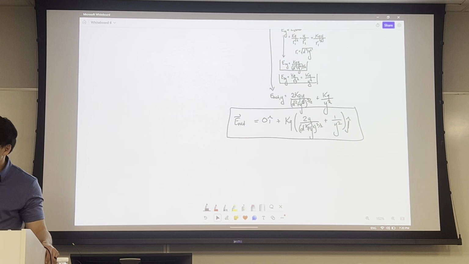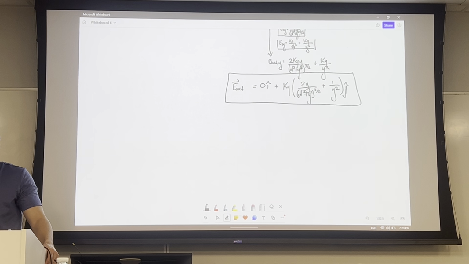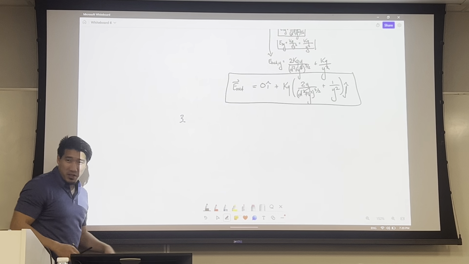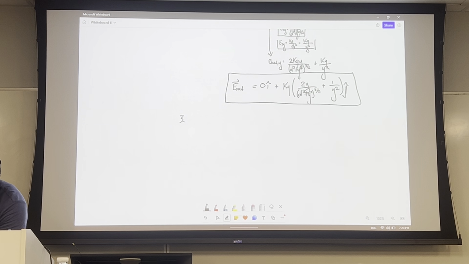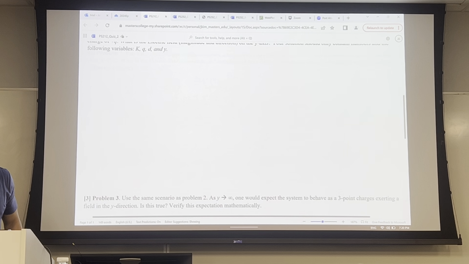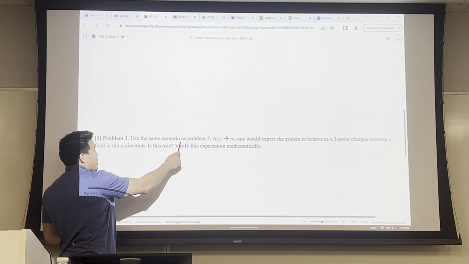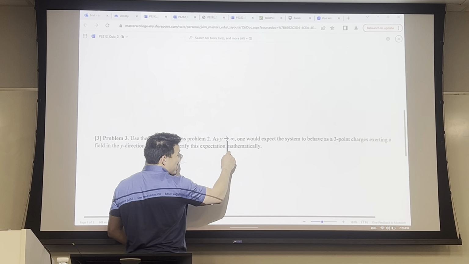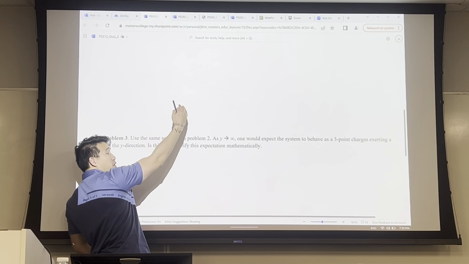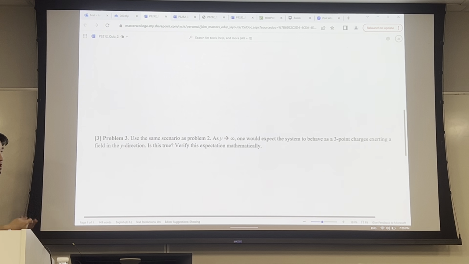So this was extremely similar to an example I did in the class. The third problem, essentially I ask you to carry out the checking methodology that I introduced to you, which is to use the same scenario as problem 2, and as y approaches infinity, so you're getting super far away from our system, you would expect the system to behave as 3 point charges exerting a field in the y direction.